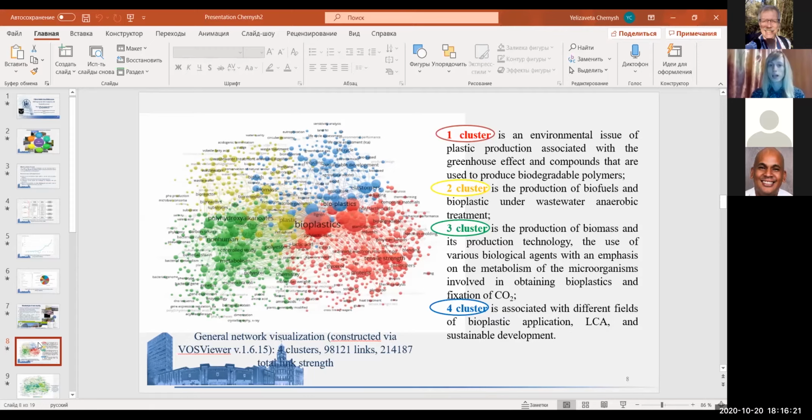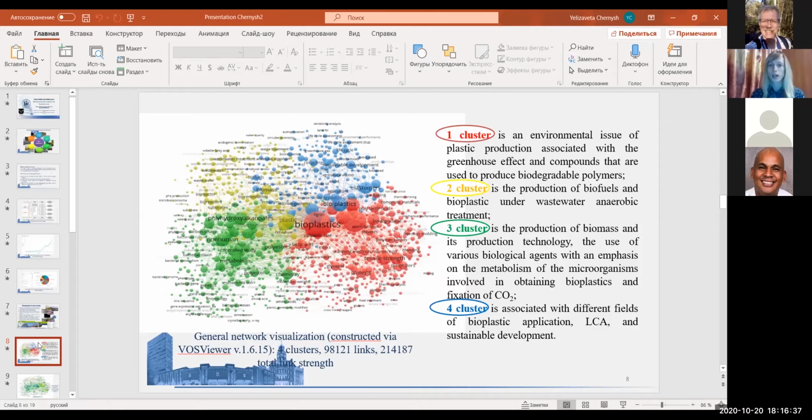The next cluster is biomass production and production of different types of technology with various biological agents, microorganisms used to obtain bioplastic and fix carbon dioxide.